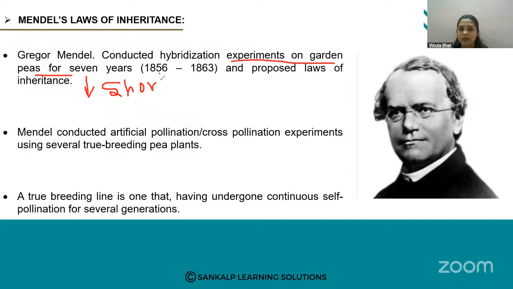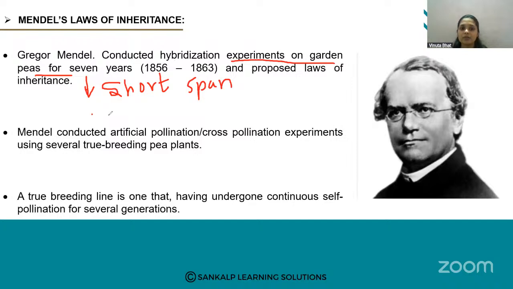One of the very important characters is that within 3 months they grow, bear seeds and die. The short lifespan is very helpful to study different generations. Within a year, he can study 3 to 4 generations.